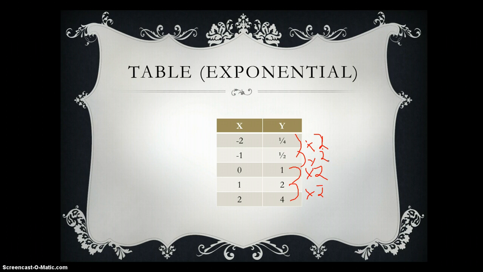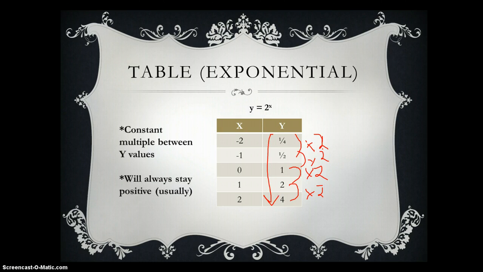I'm getting a little bit too tight for this pen. But exponentials, if you're progressing by a constant multiple as opposed to a constant first or second difference, it's going to be an exponential equation. Oftentimes, our exponentials will stay positive unless we start having a negative thing appear in front of the whole equation.